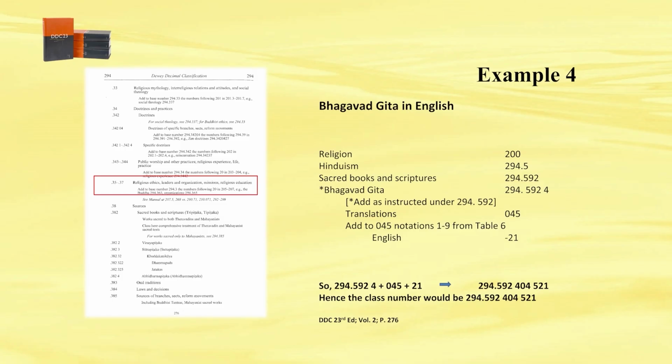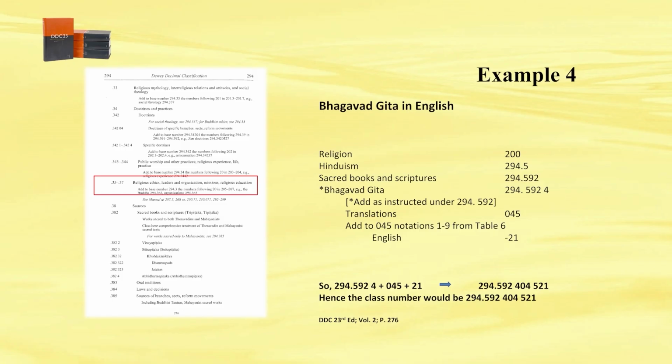Under 045 there is also an add instruction. It tells us to add to 045 the notation 1 to 9 from Table 6, and you know that Table 6 is dedicated for languages. There for English the number is 21. So we have got the number for Bhagavad Gita, the special subdivision for translation is 045, and here we have got an instruction to add notation 1 to 9 from Table 6.